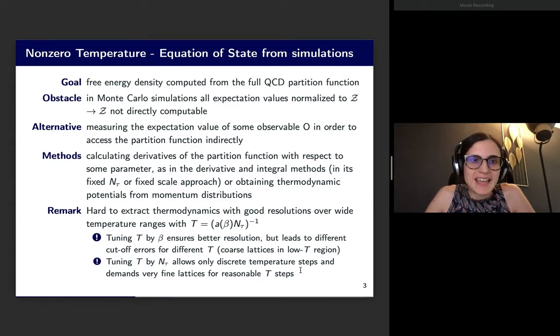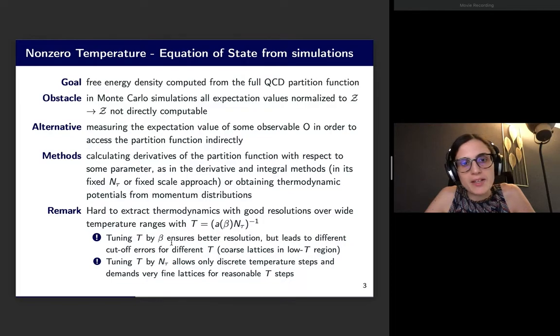Remarks. As I said, there are two possibilities to tackle this issue with the integral method, for example, and the point is that we want to extract thermodynamics with good resolutions in temperature over wide temperature ranges. And we know how the temperature is controlled by the lattice spacing and by the temporal extent of our lattice.